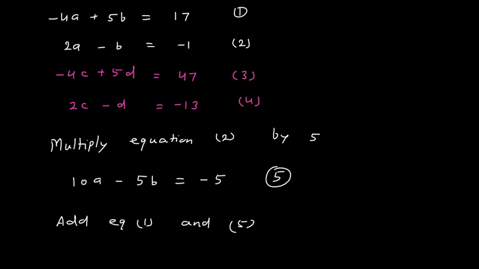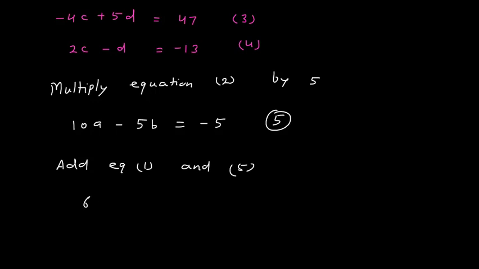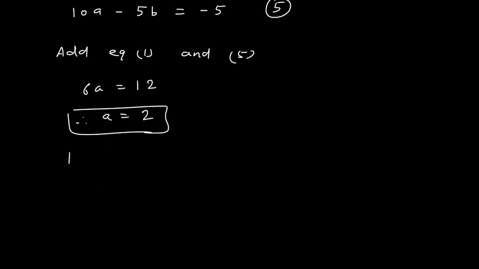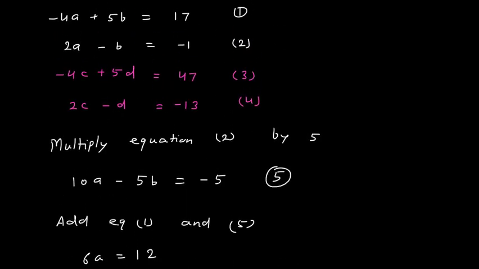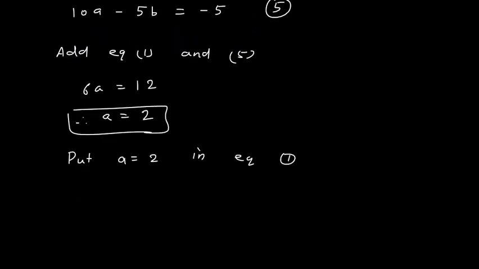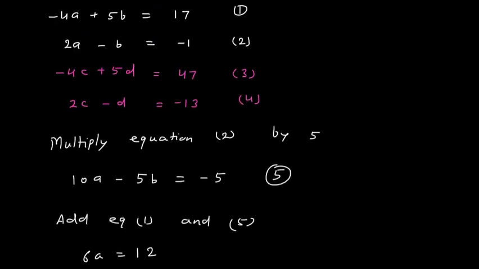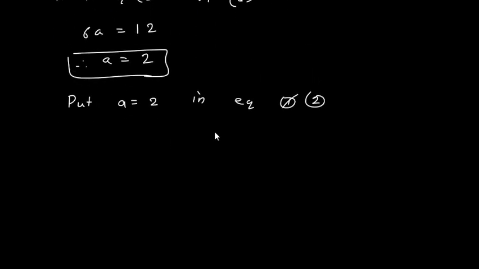Now we put a equal to 2 in equation 2. So equation 2 is 2a - b equal to -1. So 4 - b is equal to -1. Therefore moving -b to the right, it becomes 4 + 1, so I get b equal to 5.